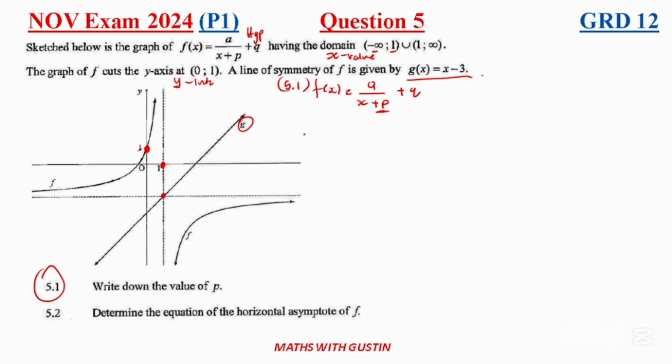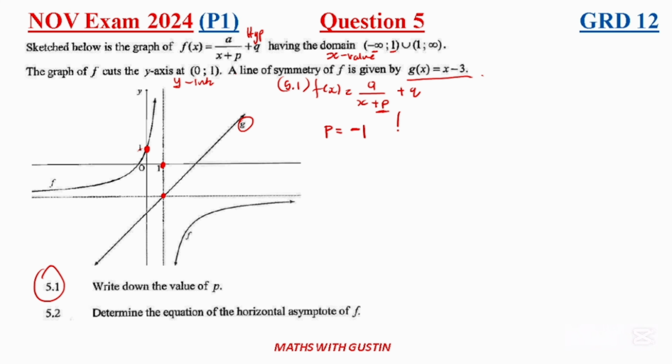So therefore the value of p here is equal to -1. Why is it -1? So that when you solve for x here, it becomes +1, which is our vertical asymptote there.